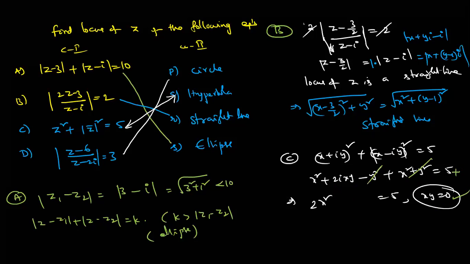Comparing real parts, 5 plus 0i. x square is equal to 5 by 2 is coming. xy is equal to 0. xy is equal to some constant is required now. That means, let me say, maybe modulus is there or not. How to check it? Check this one. If modulus is not there, what happens here? Just so we can verify.